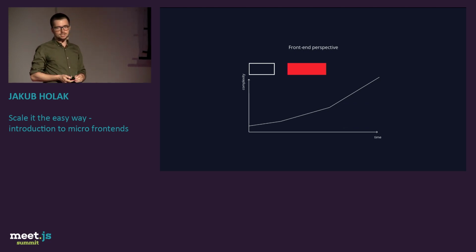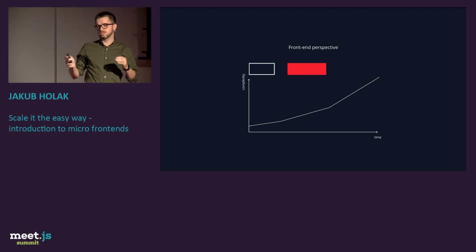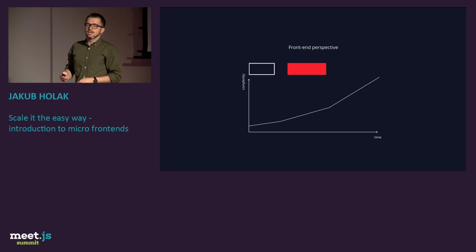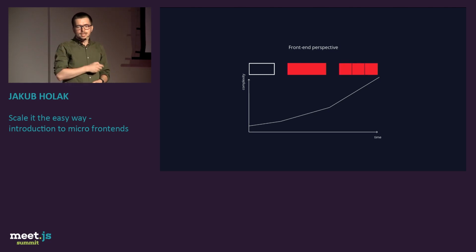First, we were using the MVC model, so everything was one big piece of an app. It was AngularJS, it was Backbone, it was Knockout, and so on. And then React happened and popularized the component-based model. So we are creating components, but still those components are tightly coupled within our applications.